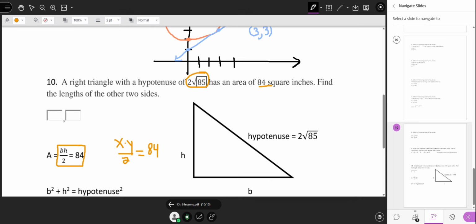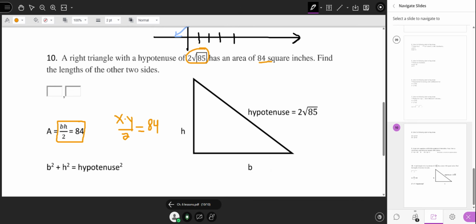All right? And again, it doesn't like B and H. So x squared and y squared, and your hypotenuse is 2 square roots of 85. Notice I'm putting parentheses around that whole puppy and then squaring that whole thing.